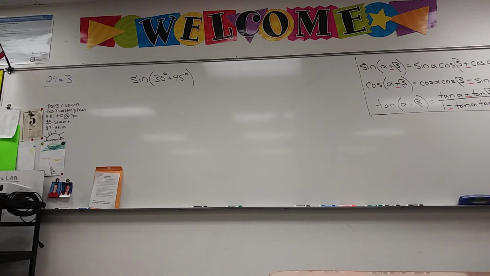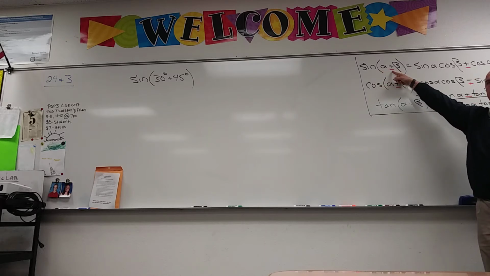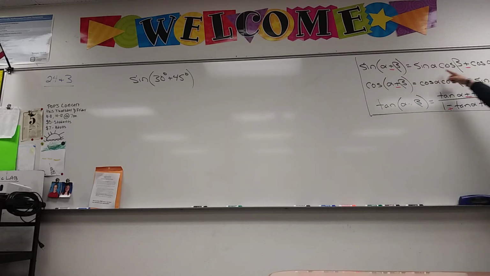So here is the very simple one. If it happens to be sine of alpha minus beta, then we just change that sign in the middle to a minus. That's all. And everything else is the same. So sine of alpha minus beta would be sine of alpha cosine of beta minus cosine of alpha sine of beta.